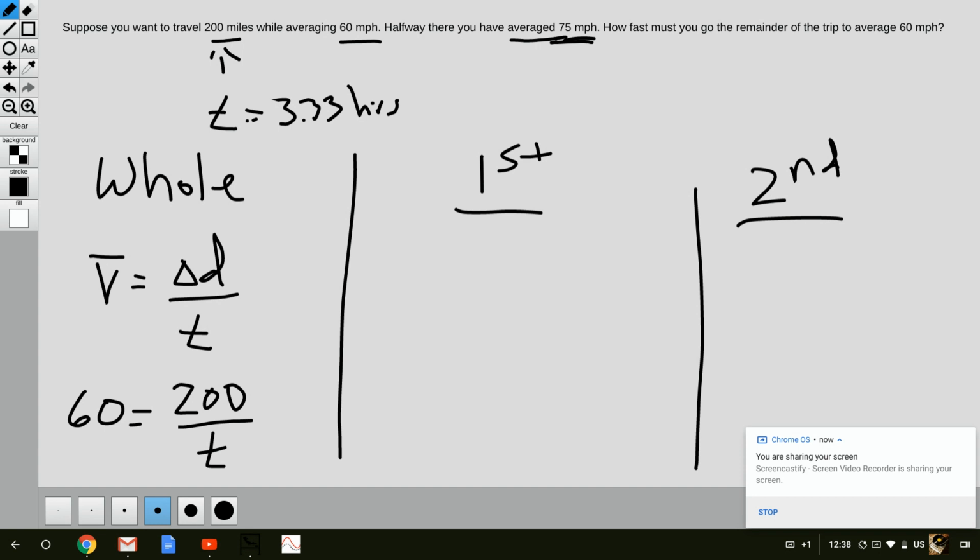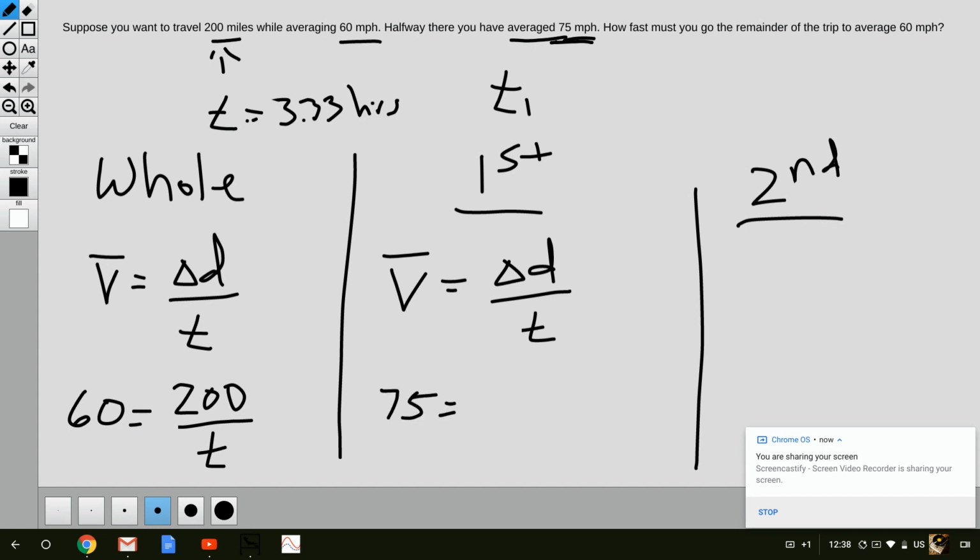So instead, what we must do is find T1, so the first part of this trip. So we are going to use the same equation. We have to use this equation because this is the only equation we're ever allowed to use when we are dealing with constant velocity. So we know that the average velocity was 75 miles an hour.